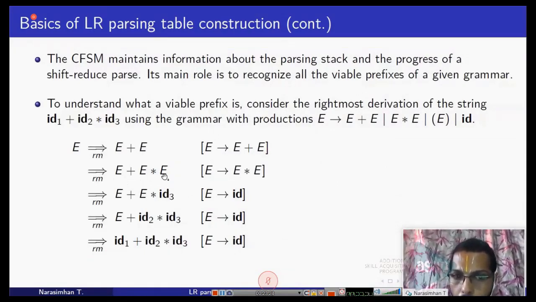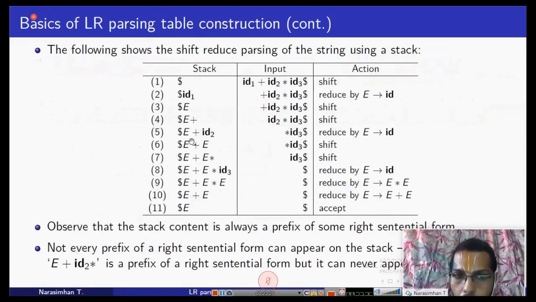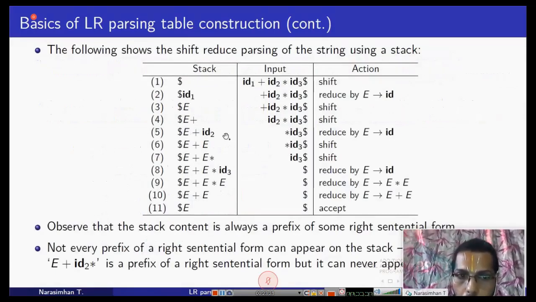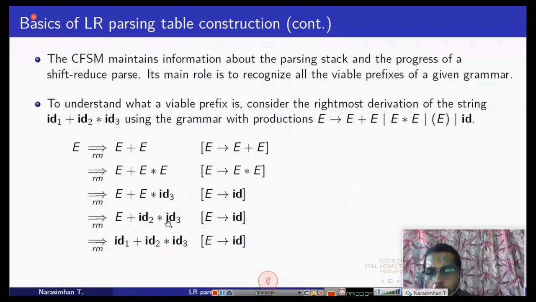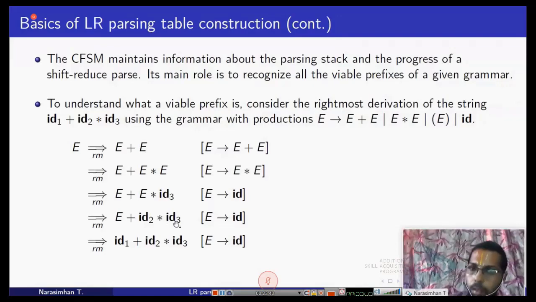Similarly, E plus ID2 is a prefix of this particular right sentential form. So this means that the stack content will always be a prefix of some right sentential form. Hope that is clear now.